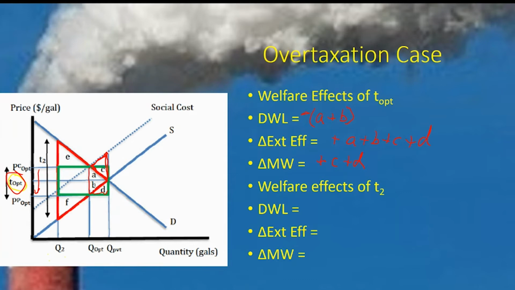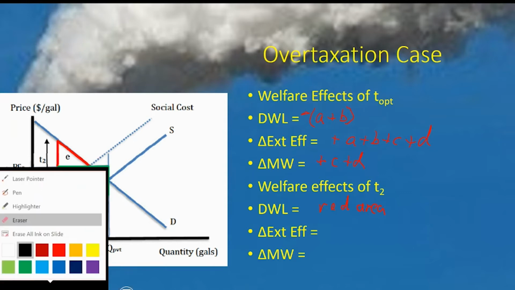Now let's take a look at the welfare effects of T2, the bigger tax. We put the bigger tax in place. Now the deadweight losses are going to be given by the red area.